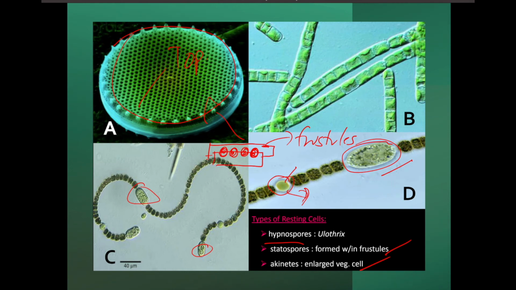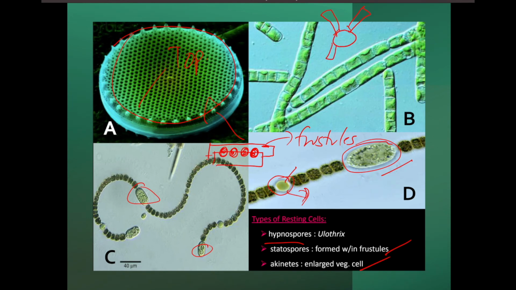Usually for a filamentous algae like your Ulothrix, they divide and divide. So imagine this is your filamentous algae like your Ulothrix. A hypnospore would look something like this.